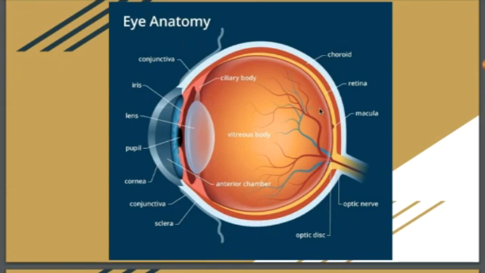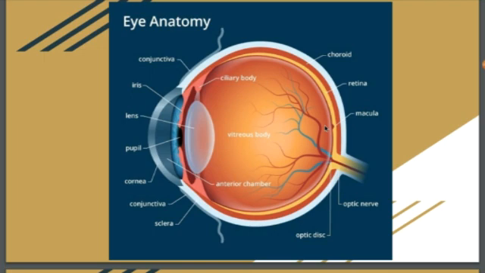These photosensitive cells convert the image into an electrical signal, and these signals are taken to the brain through this nerve, which we call the optic nerve. In this area where the photosensitive cells are present, the concentration of these cells is higher.